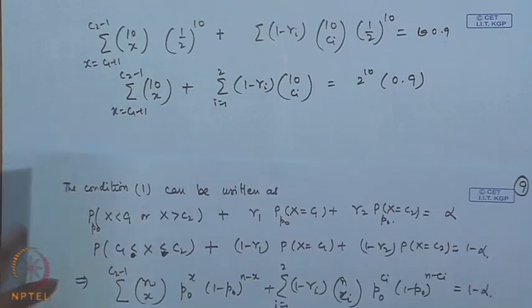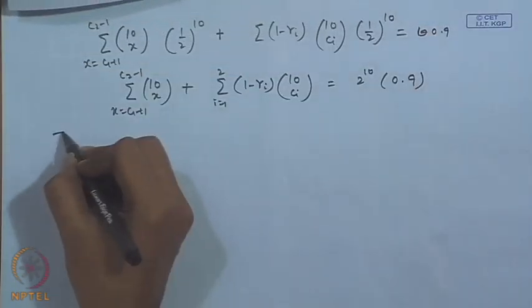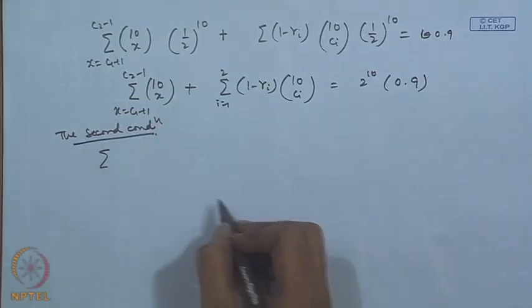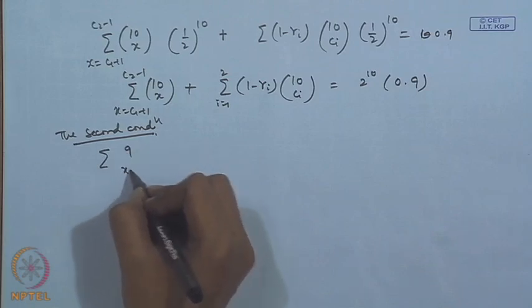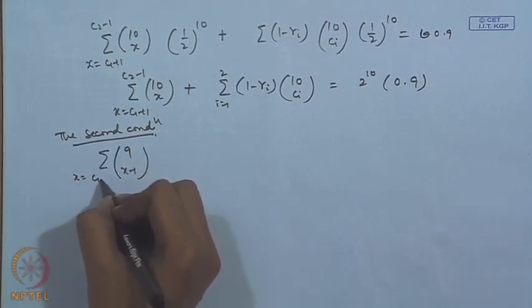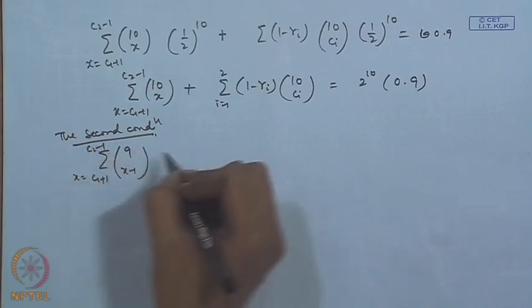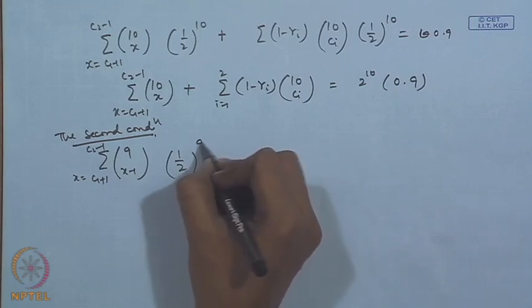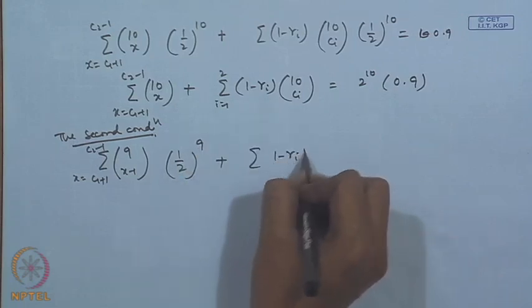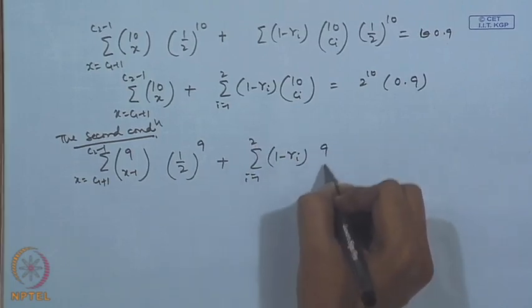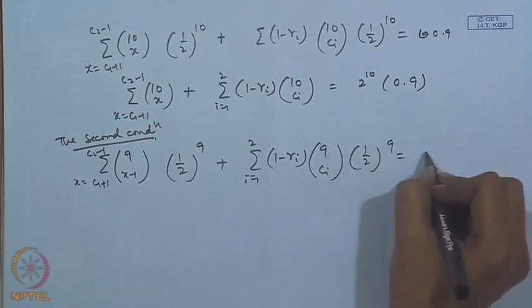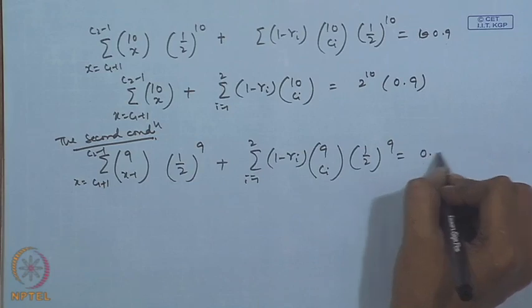And similarly, if you look at the second condition, the second condition will become sigma 9Cx minus 1, x is equal to c1 minus 1, c1 plus 1 to c2 minus 1, half to the power 9, plus sigma 1 minus gamma i, i is equal to 1 to 9Ci, half to the power 9, is equal to 0.9.